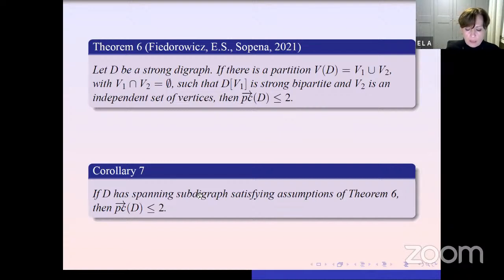And of course, if we find in the digraph a spanning strong subdigraph with these properties, then also the proper connection number of this digraph is at most 2.